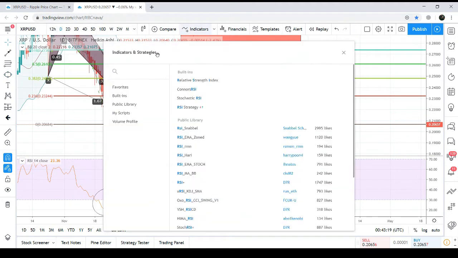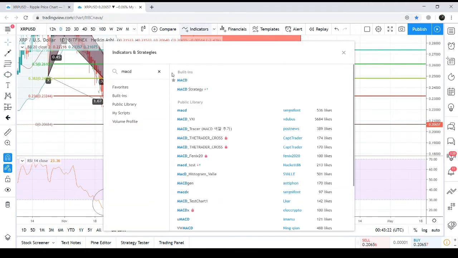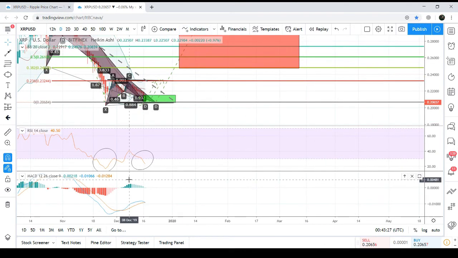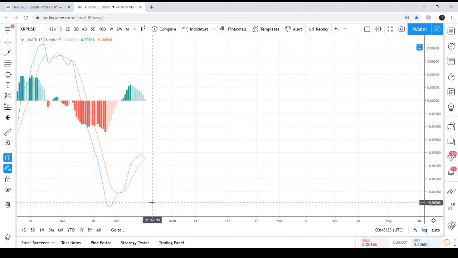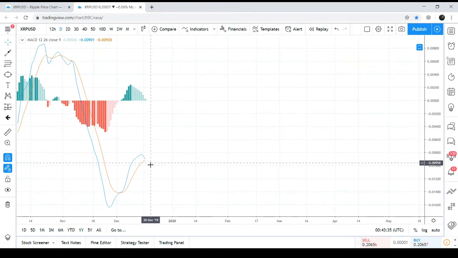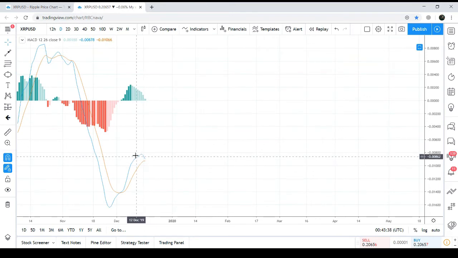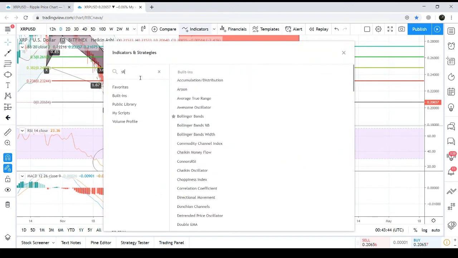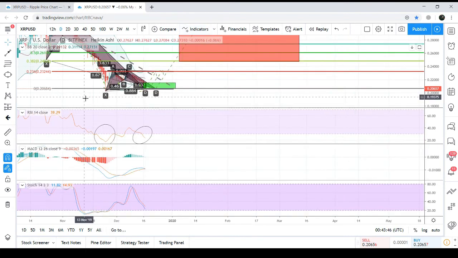And if we see the MACD indicator, the moving average convergence divergence, we can see the MACD was strong bullish, and now it is weak bullish, and the moving averages of the MACD are still in the bull cross, but it is quite weak, so it can give the bear cross. And if we see the stochastic, it is already in the bear cross, and soon it will enter the oversold zone, and from there it can give us the bull cross again.